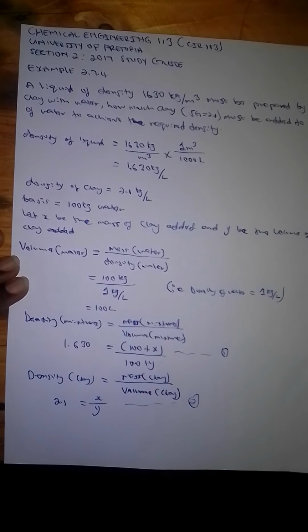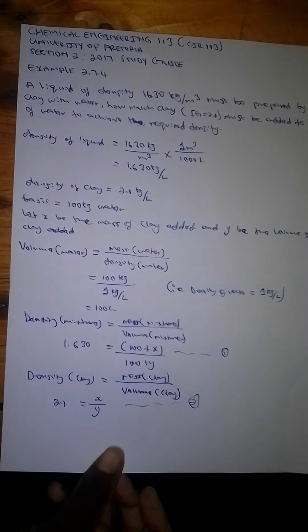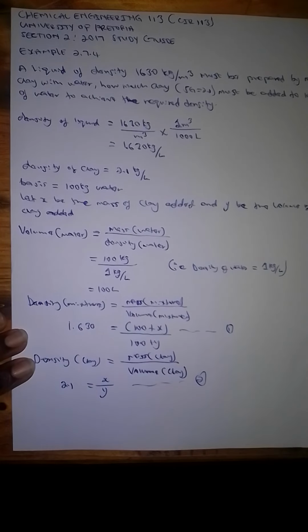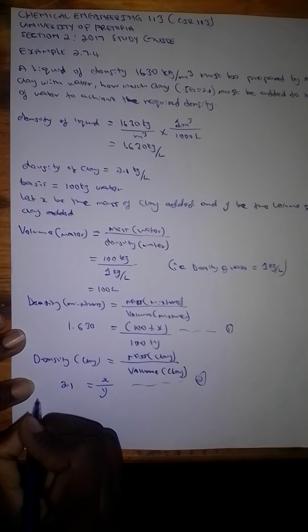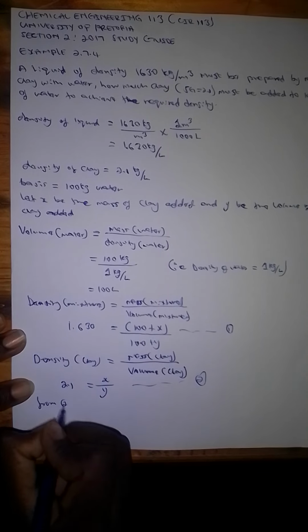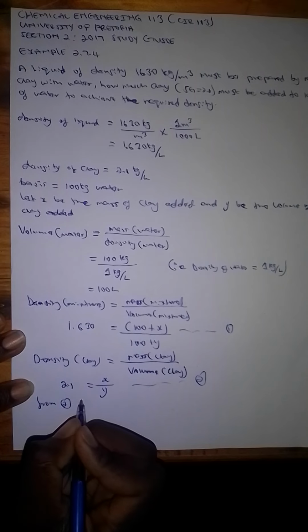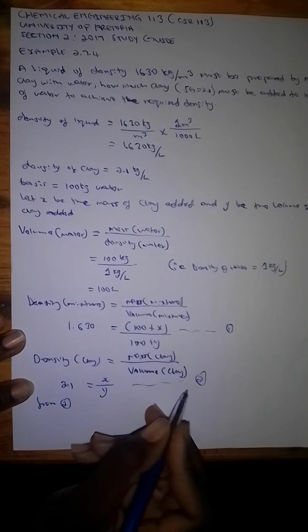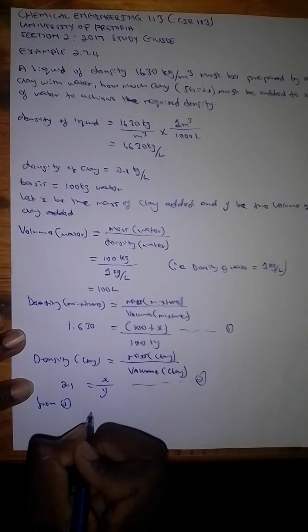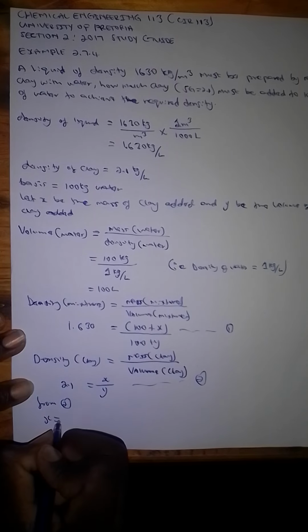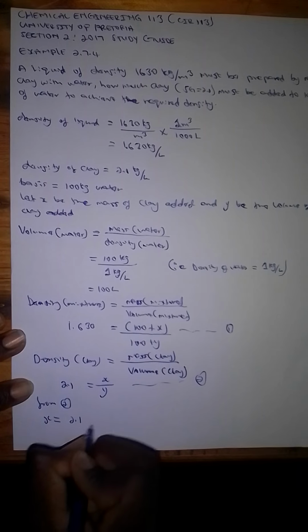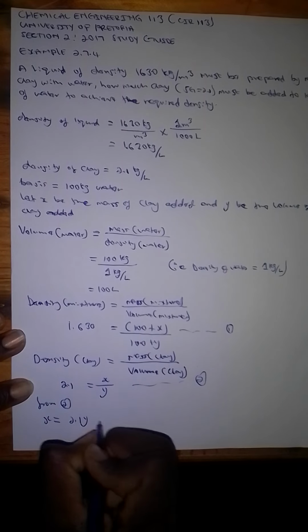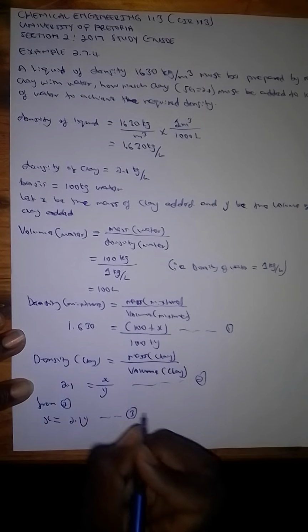This becomes our second equation. Now we're going to solve the two equations simultaneously, the good old high school technique. From equation 2, x is equal to 2.1y. This becomes our third equation.